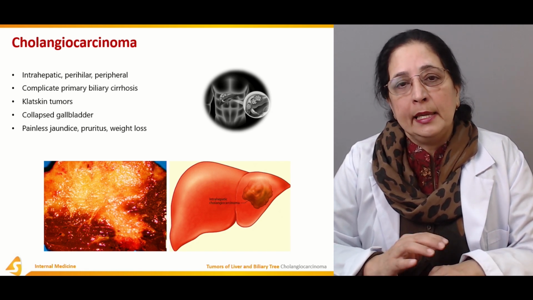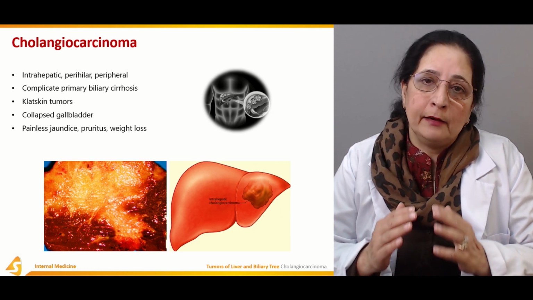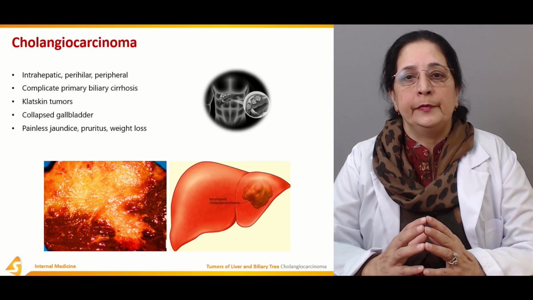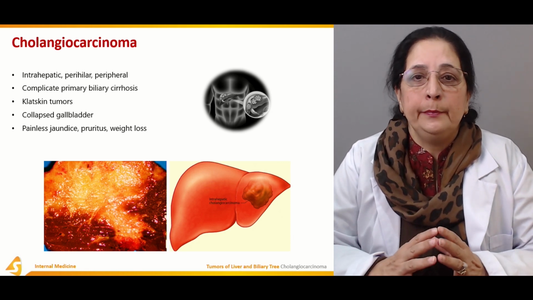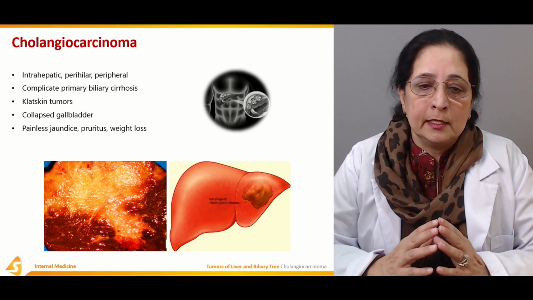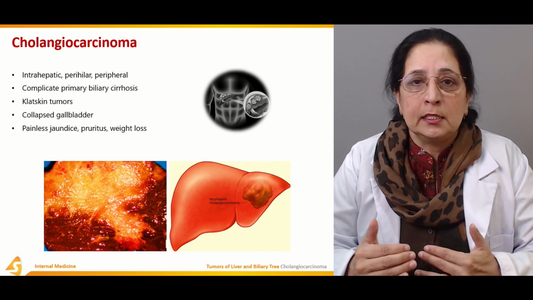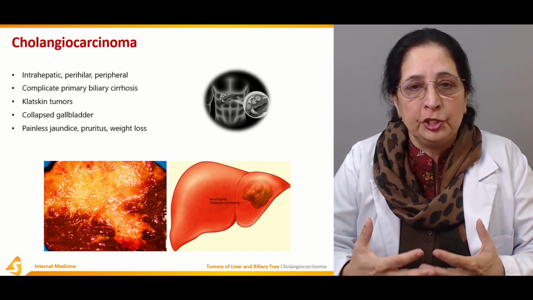People come and complain of very bad pruritus or itching. They are very significant of diseases of the biliary tract or biliary tree. There is also weight loss of the patient. So these are some important features.